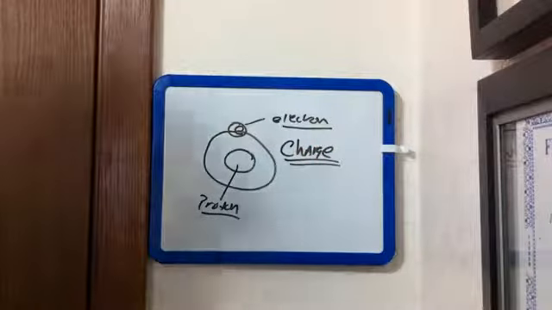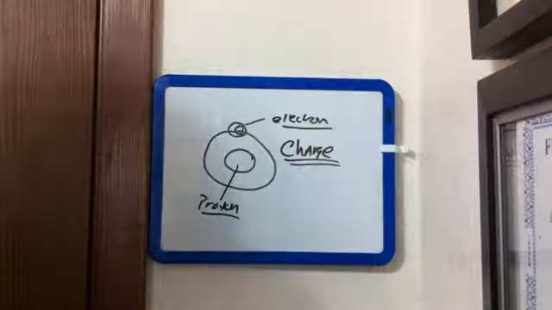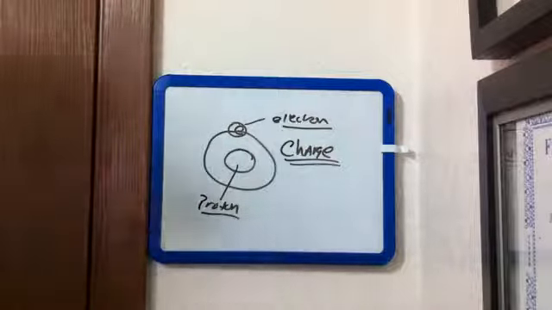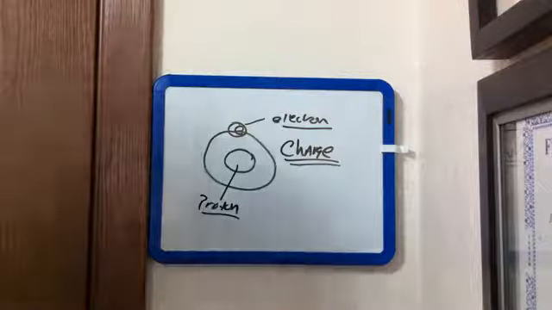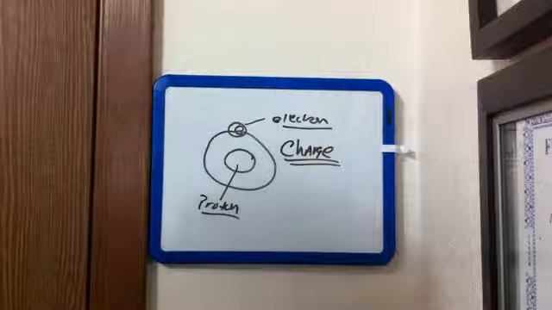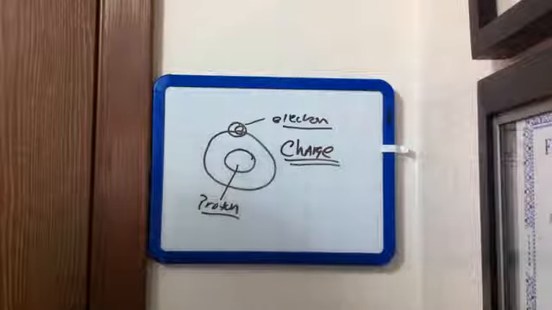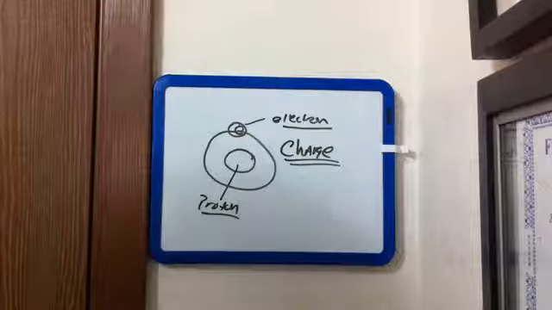And what is charge? And I think a lot of us think, well, it's opposites attracting. Okay, yes it is. If I really think about what charge is, I really can't give you a good definition of charge other than it's a characteristic.